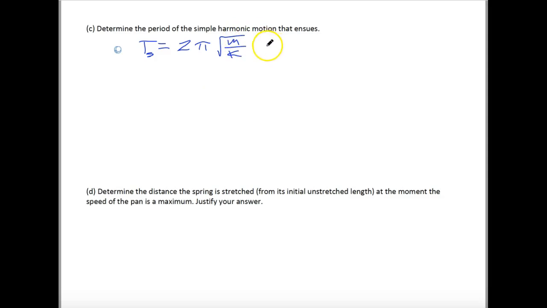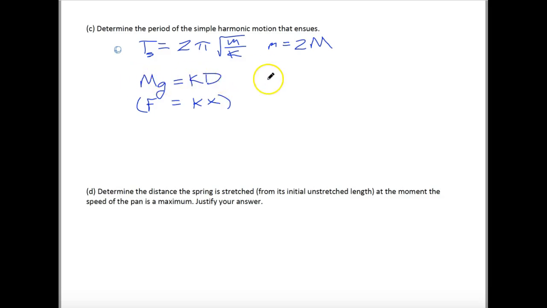We know that the mass is equal to 2 times big M. And now we can say that the mass times gravity is equal to k times d. So remember, force is equal to k times x, so those are the same thing. This is the force on the spring, this is the spring constant, and d is our stretch.